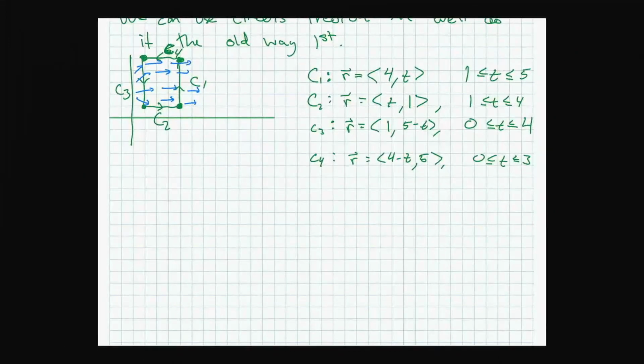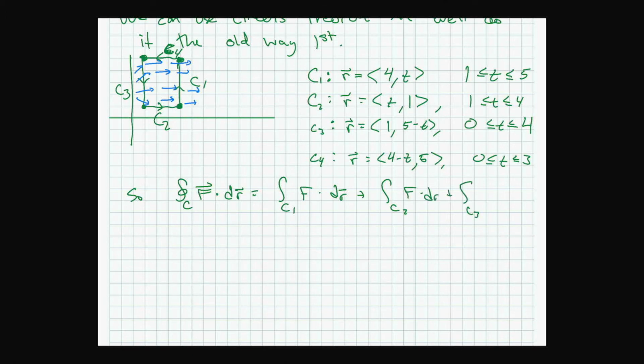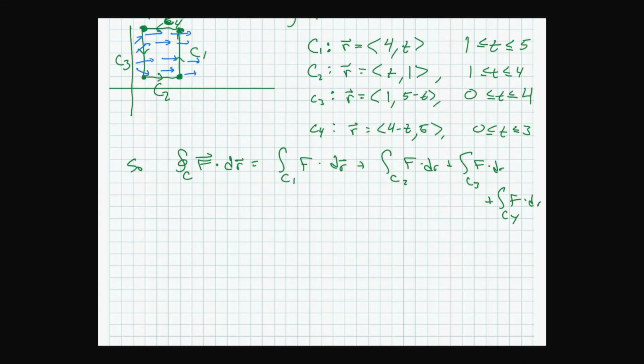If we were going to try to do this line integral, we actually have to split it up into 4 line integrals, right? So the integral over C of f dot dr equals the integral over C1 of f dot dr, plus the integral over C2 of f dot dr, plus the integral over C3 of f dot dr, plus the integral of f dot dr over C4, right? 4 pieces, so we have to do 4 line integrals here.